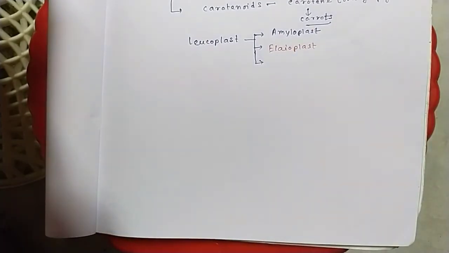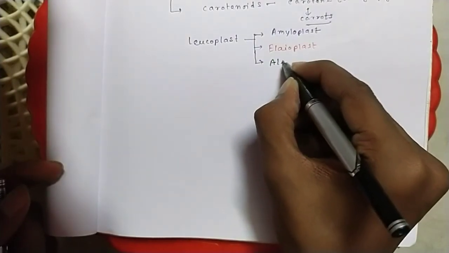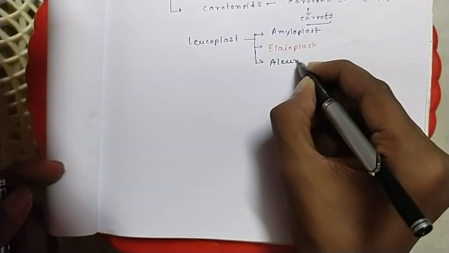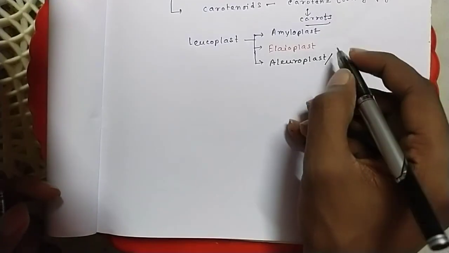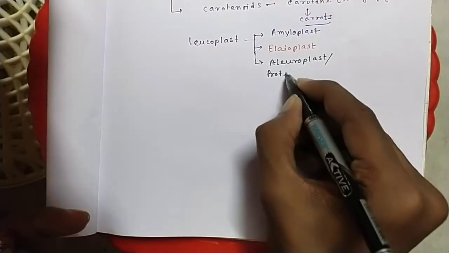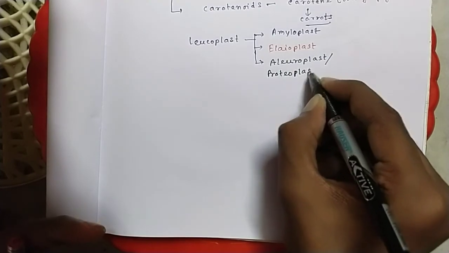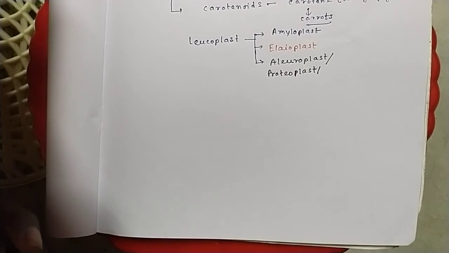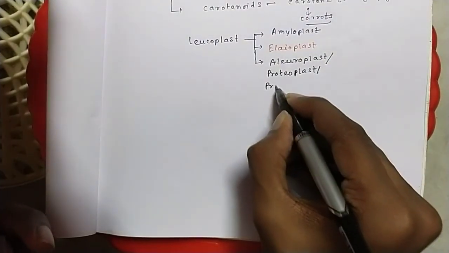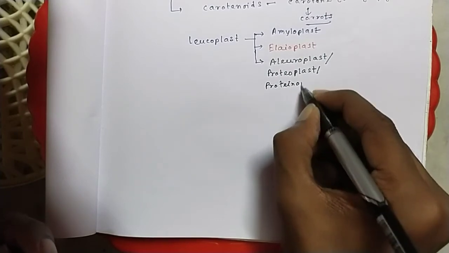And number three is aleuroplast. The aleuroplast has also other names, for example proteoplast, which makes it simple for us to understand its function, or you can also call it proteinoplast. So there are various names.